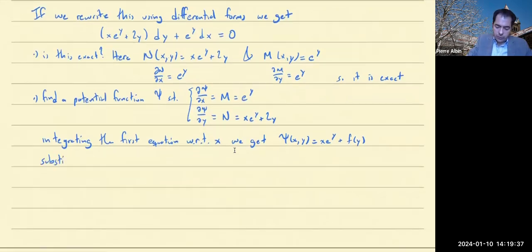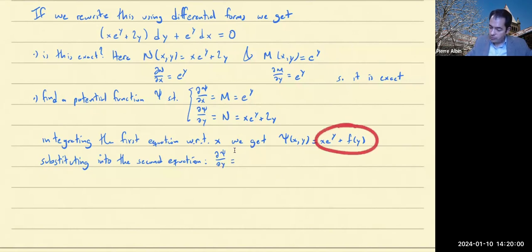We now substitute this into the second equation. We get that the derivative of psi with respect to y, okay, well, if I differentiate this with respect to y, I get x times e to the y plus the derivative of f with respect to y.